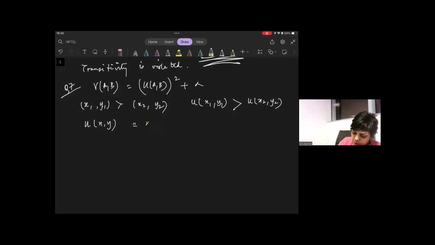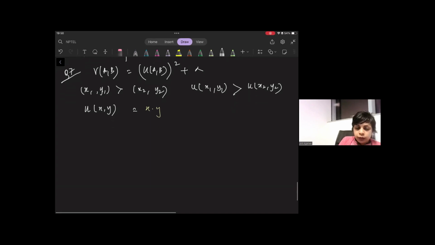Then take, say, x1 equal to 1, y1 equal to 2; x2 equal to 2, y2 equal to 4; x3 equal to 3, y3 equal to 5, something like that.